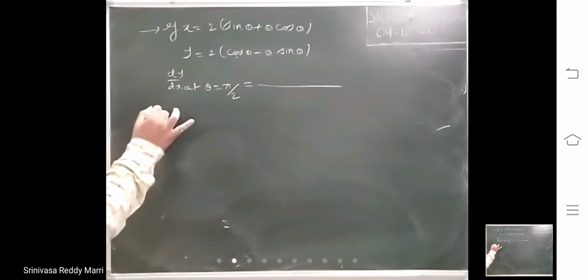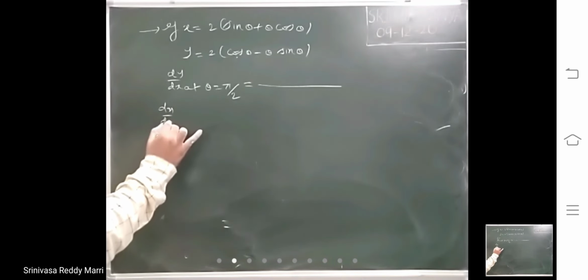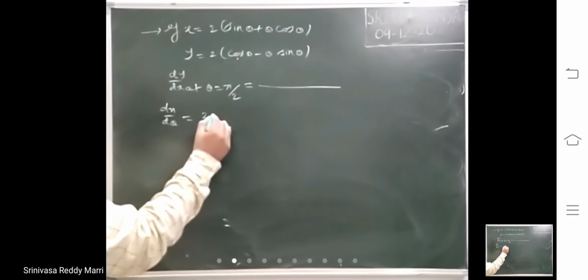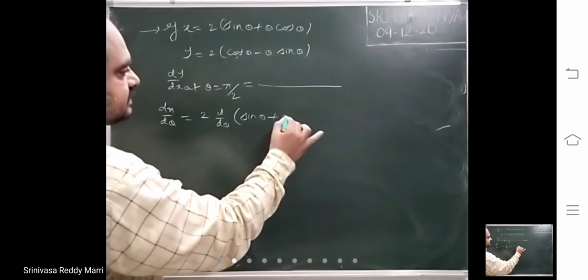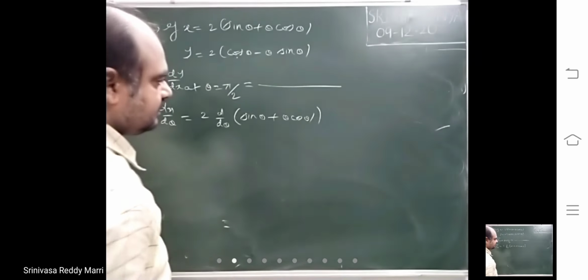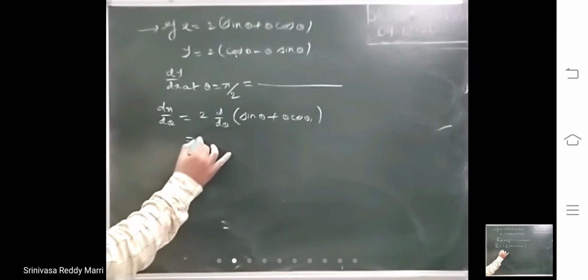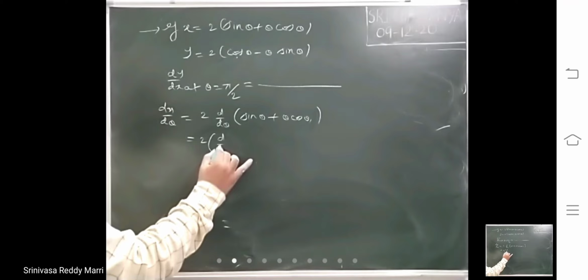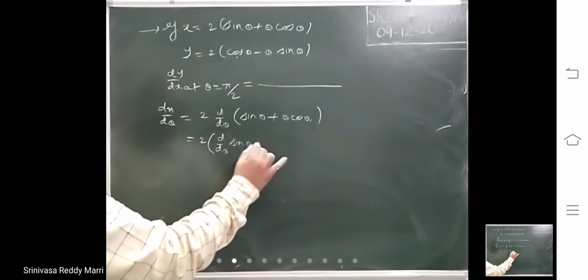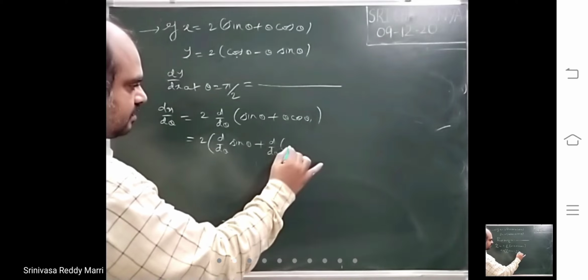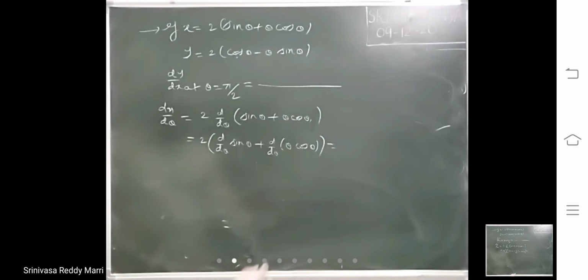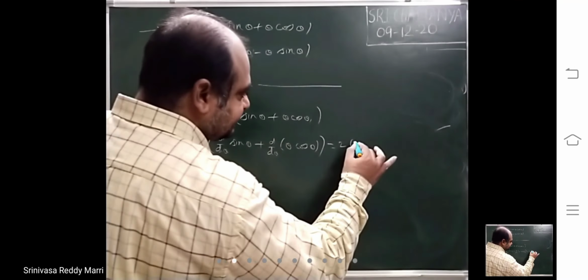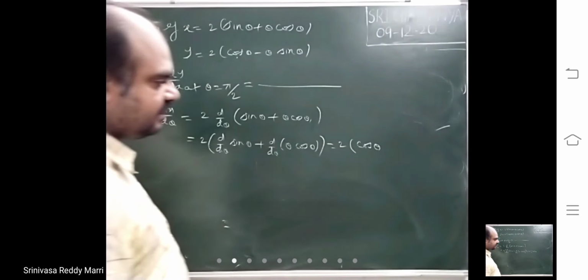What you have to calculate: dx by d theta is 2, which is constant outside, into d by d theta of sin theta plus theta cos theta. So 2 into d by d theta of sin theta, which is cos theta.